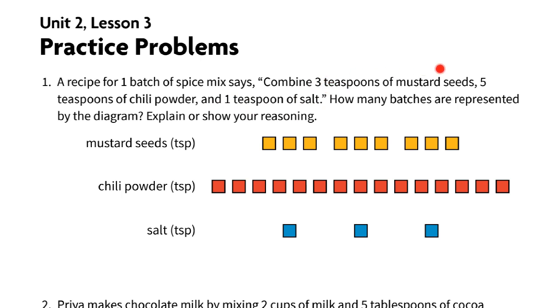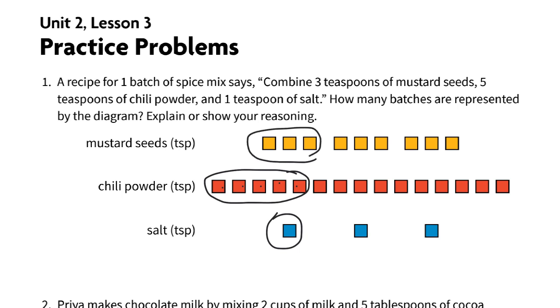So if 3 teaspoons of mustard seeds is 1, so that's 1. And then it says 5 teaspoons of chili powder. So I'm going to outline that. 1, 2, 3, 4, 5. So this represents one recipe, or one batch, I mean.